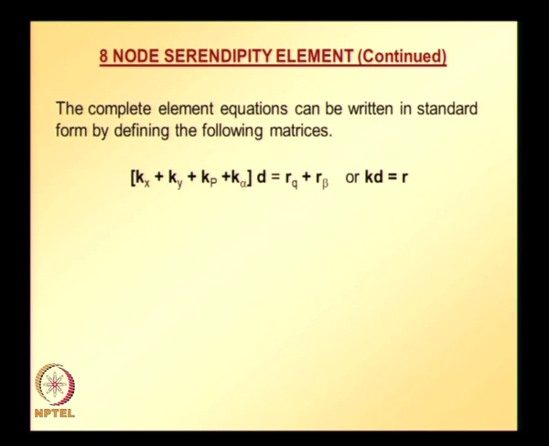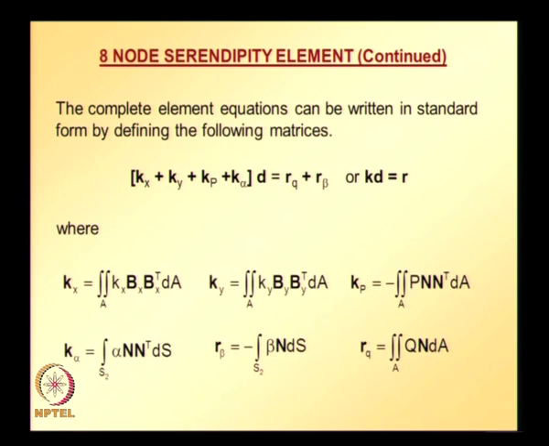This equation looks similar to what we obtained for the 4 node quadrilateral element, except that the dimension is more here. All these matrices are going to be 8 by 8 and vectors are going to be 8 by 1, whereas earlier we had 4 by 4 and vectors of dimension 4 by 1, and the details of each of these are similar to that of the 4 node quadrilateral element.